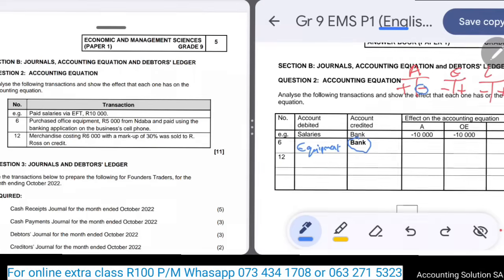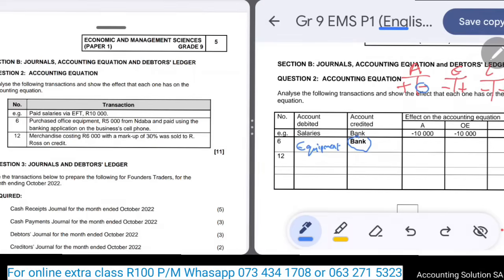Okay. And we purchased equipment by how much? By 5,000. So in other words, guys, equipment is an asset and is increasing on the debit, and at the same time we have bank that has decreased under assets, which means that both of them are assets.